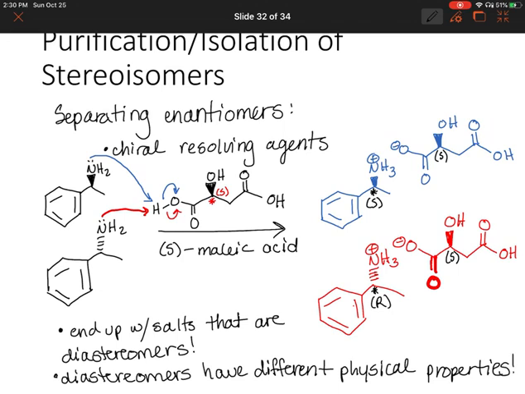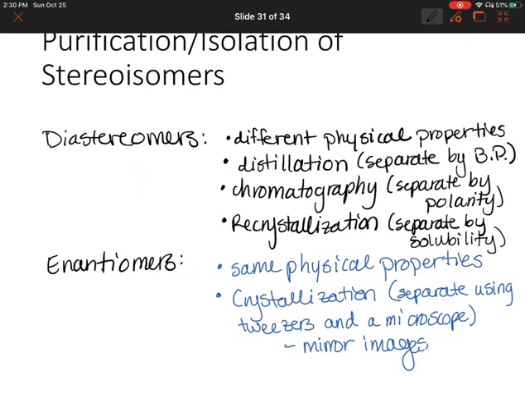So now we can go back to our different methods for separation for diastereomers. And now we can separate those compounds using distillation or chromatography or recrystallization, whatever would work best to separate them.